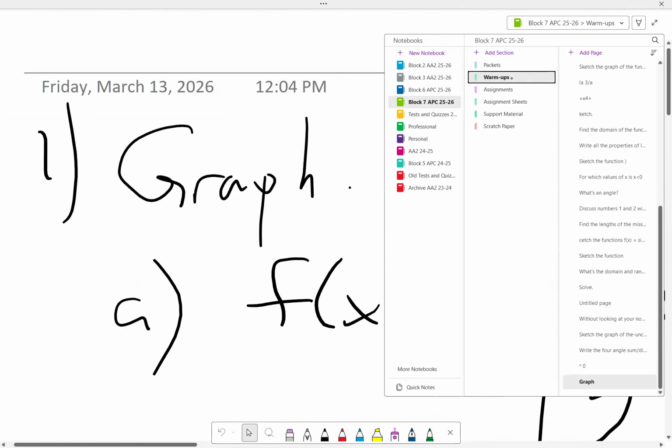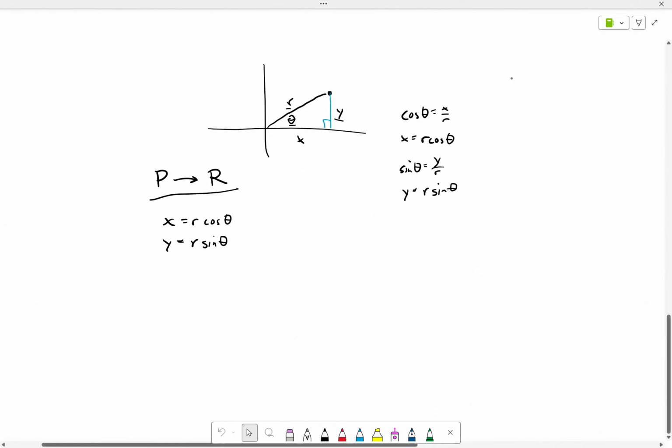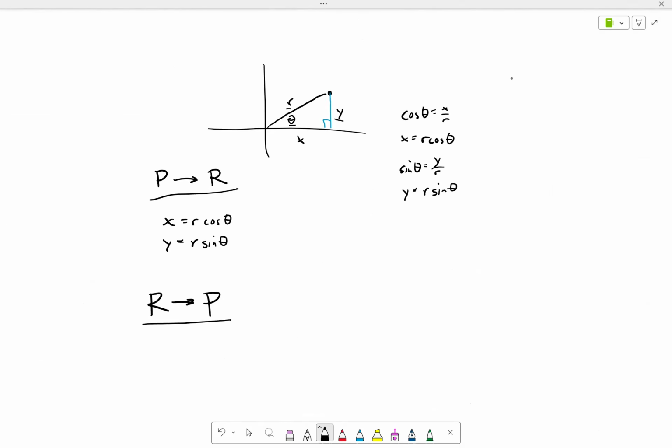I'm going back to the warm-up, the notes I was just doing. If we want to go from rectangular to polar, I completely forgot. Which means we have x's and y's, and we're trying to get r and theta.